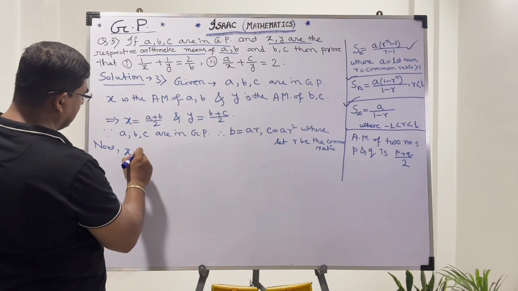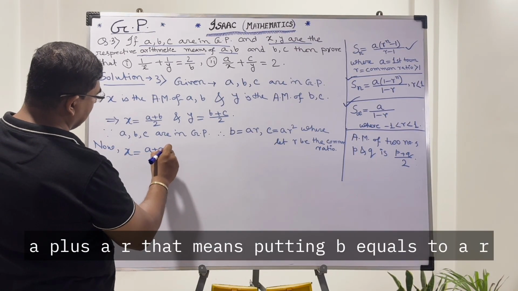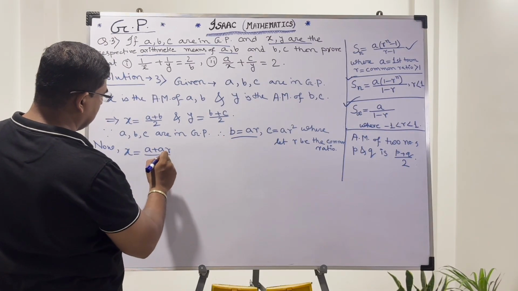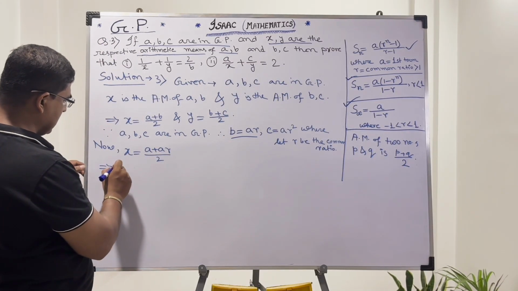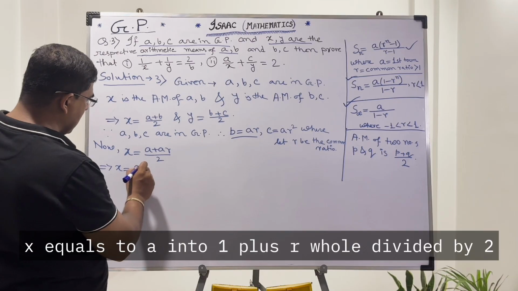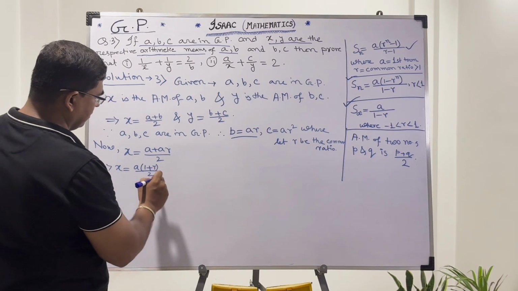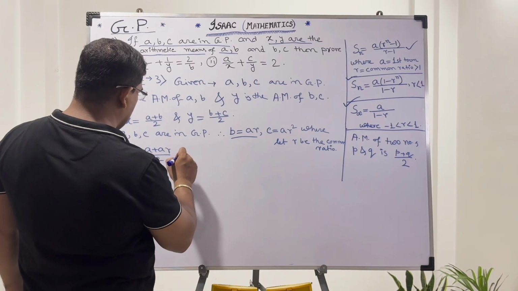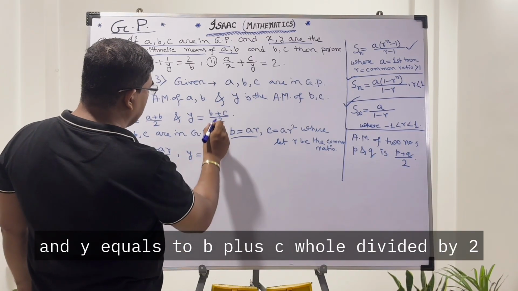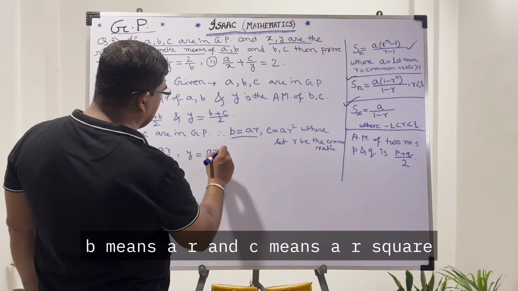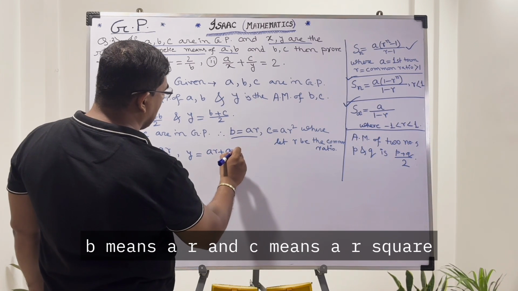Now, X becomes A plus AR, that means putting B equals AR, which implies X equals A into 1 plus R whole divided by 2. And Y equals B plus C whole divided by 2. B means AR and C means AR square.